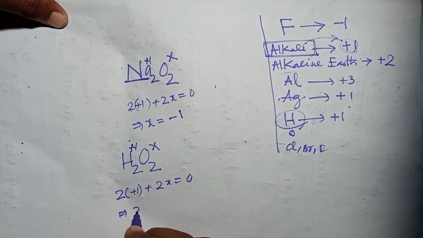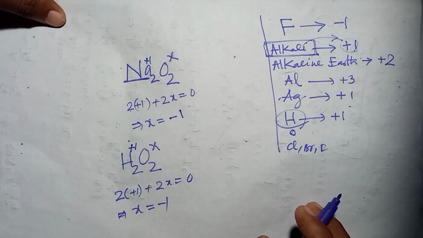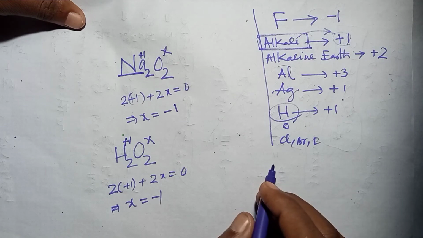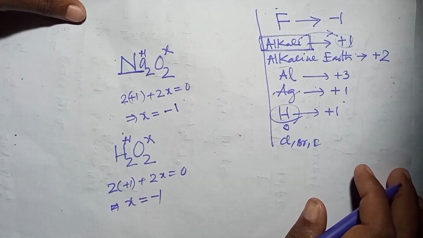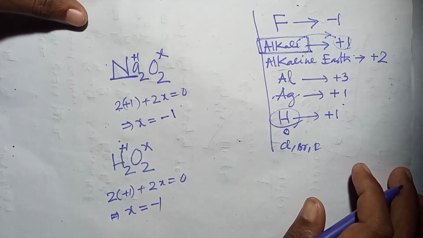From this I can find X to be equal to -1. In this way we can find the oxidation number by following this priority table.